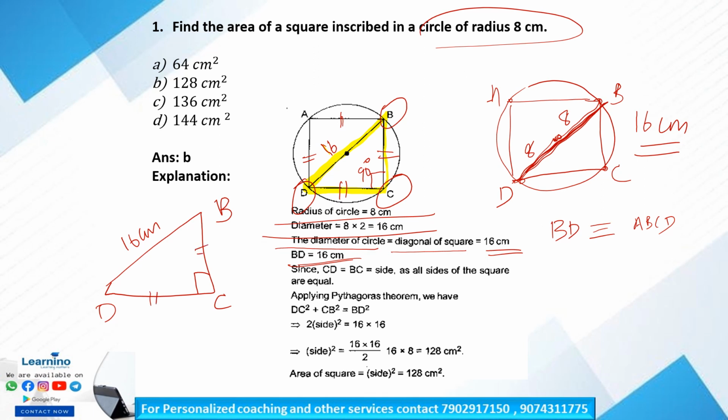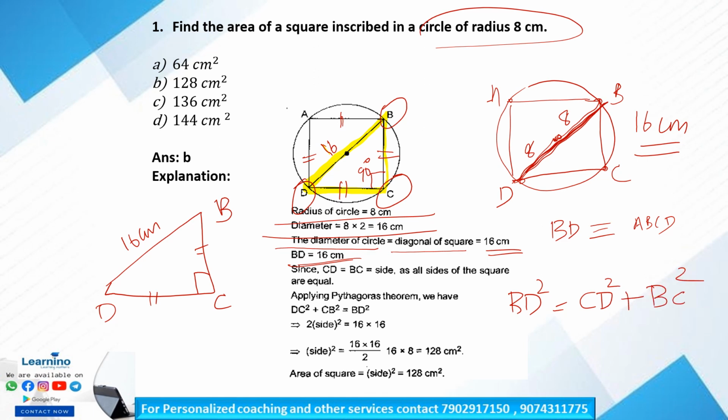So what is the theorem that we regularly use for a right angle triangle? It is Pythagoras theorem. What is Pythagoras theorem? BD square, the hypotenuse square, is equal to base square CD square plus altitude square BC square.